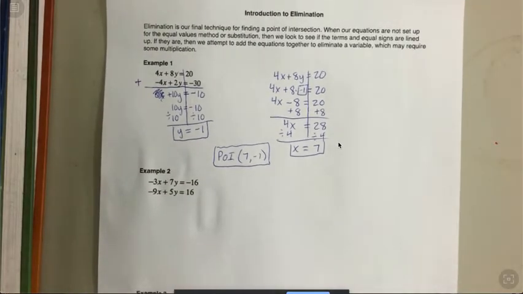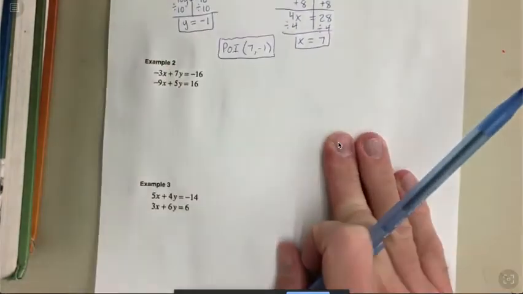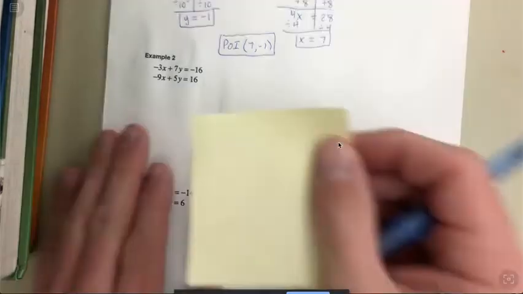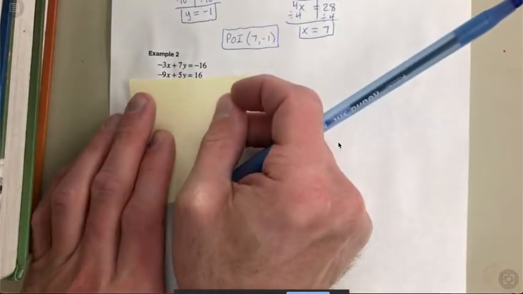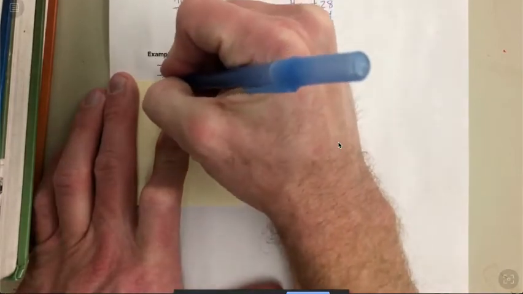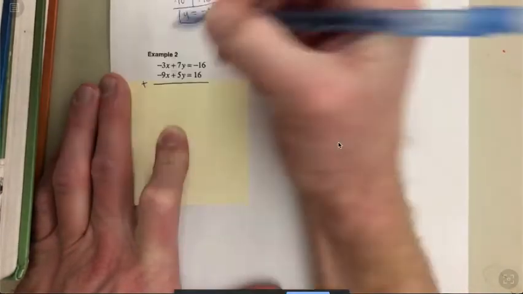So that's about as simple as elimination gets. For example 2, what I want us to think about, and I'm going to put a sticky note over the top just so we can kind of verify this. Let's say I tried to do what I just did. Let's say I try to add these things together.